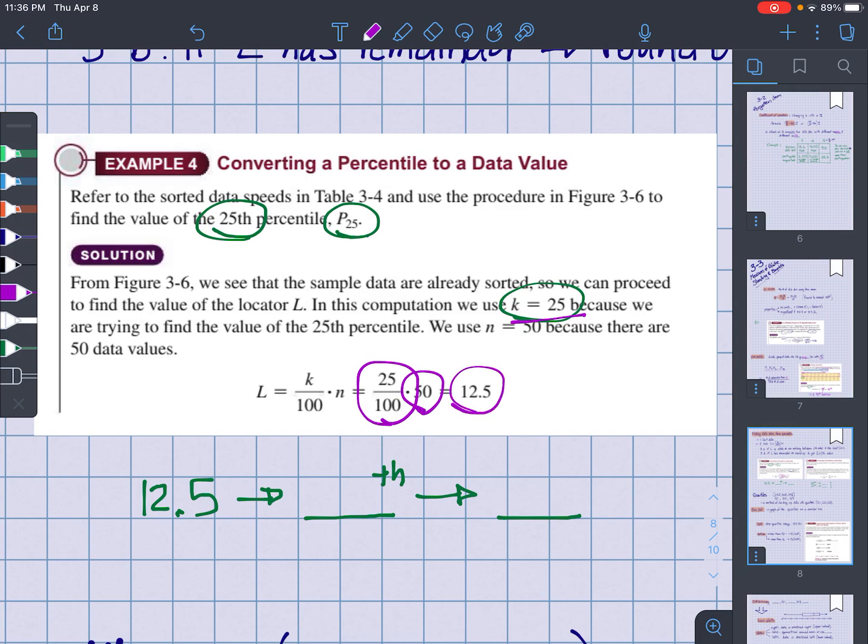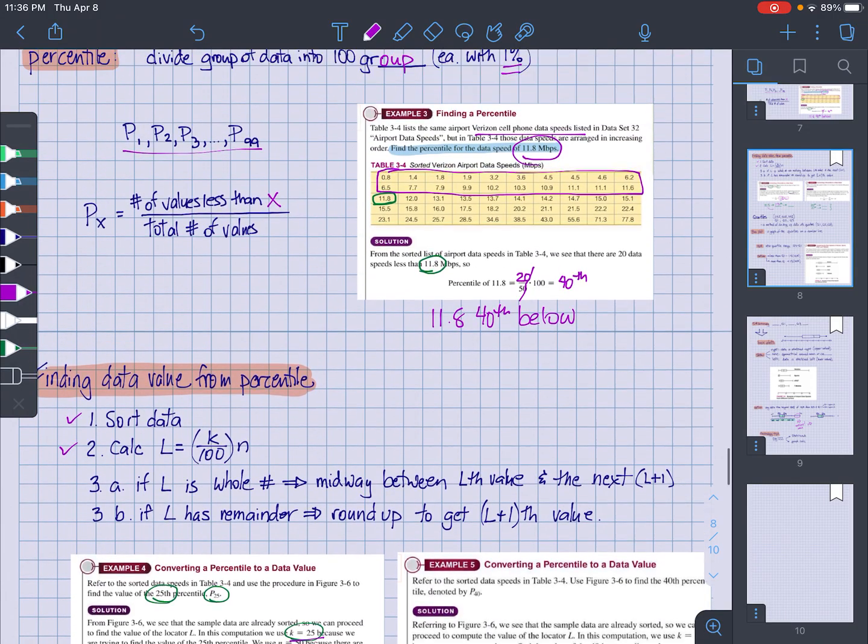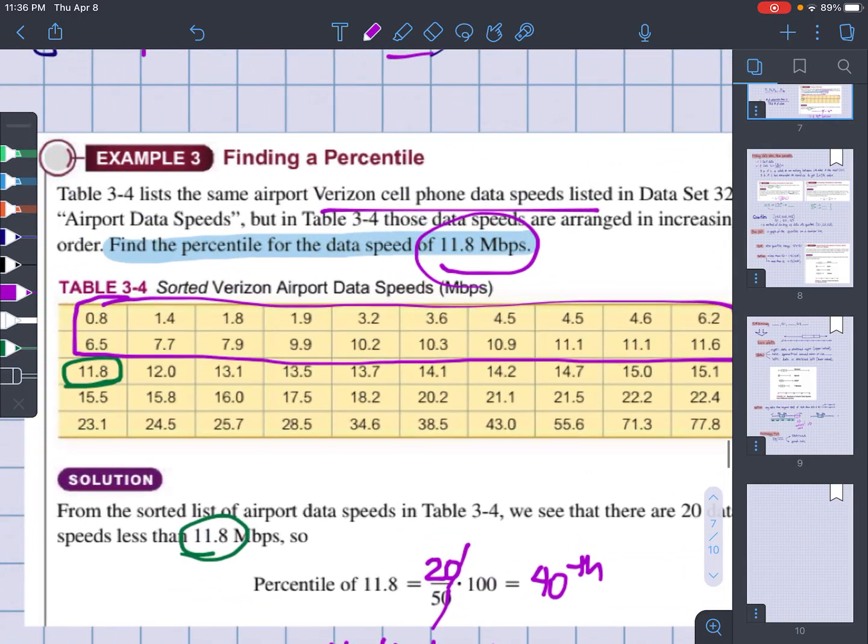All right, now notice we have a decimal here, the locator. So 12 and a half. I'm going to round that up to 13. And now I'm going to go look in the chart. Dang it, I don't have my chart. Where's the chart? Ah, okay, so now here's my chart.